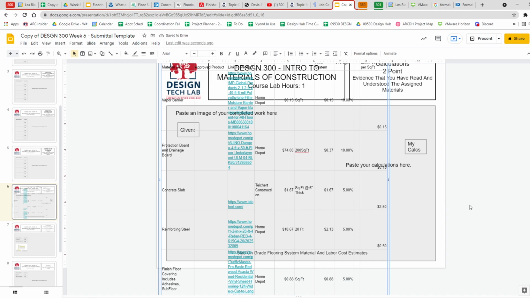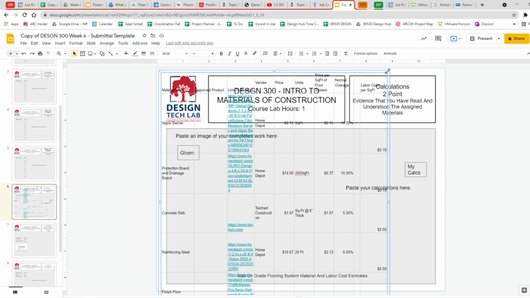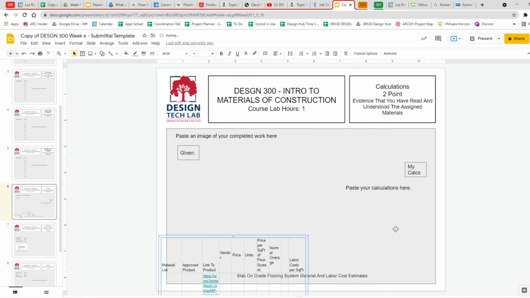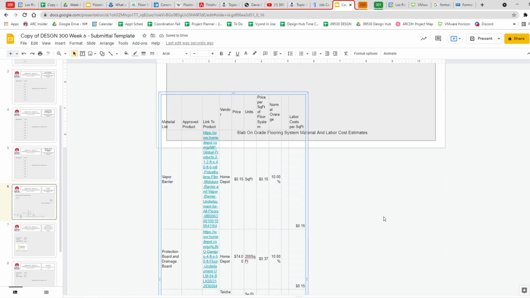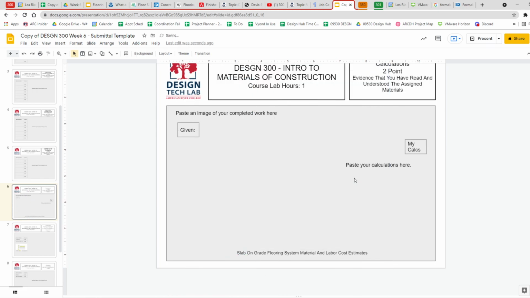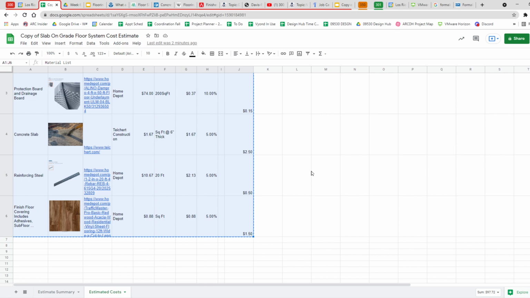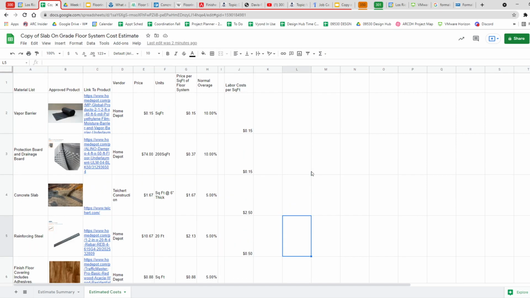Ooh, man, that's not very good. I may need to make an image out of that. So it might be better for me to do that as an image.